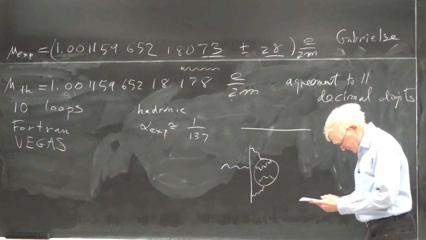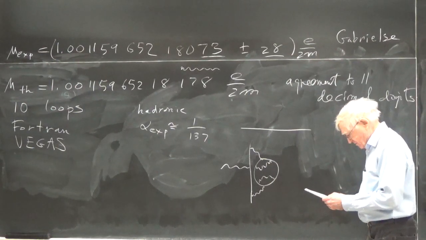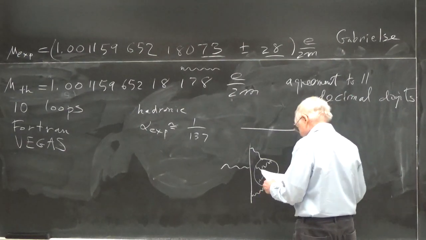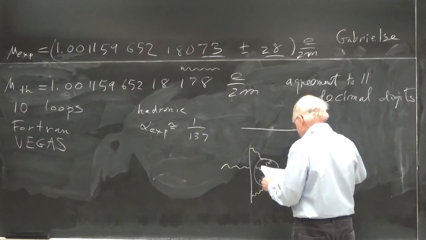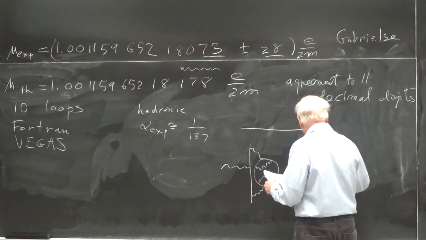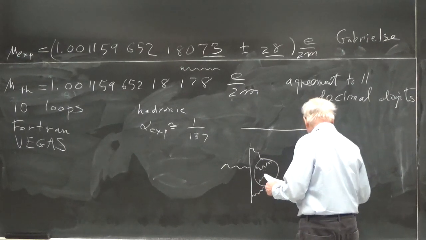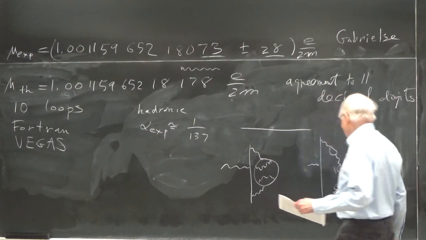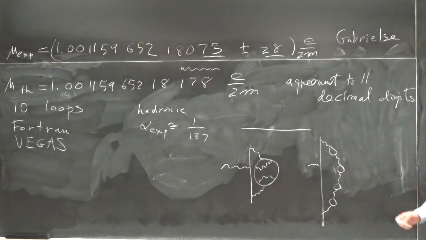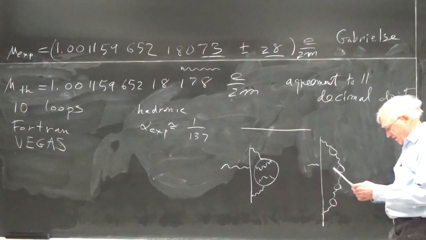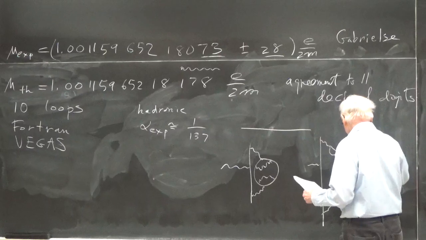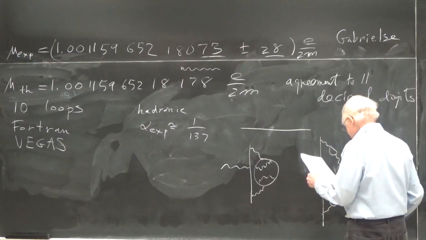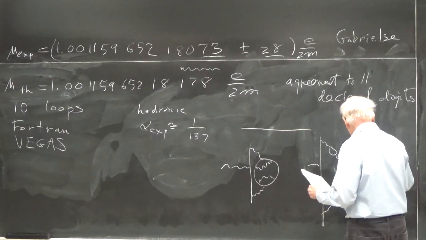For 10 loops, one of the simplest diagrams has 4 loops in the photon that goes around. Another one looks like a dirigible attached to the ground.